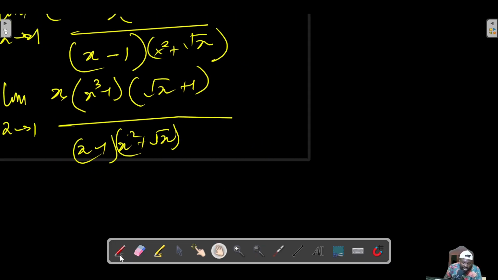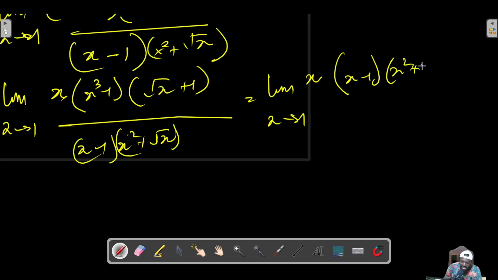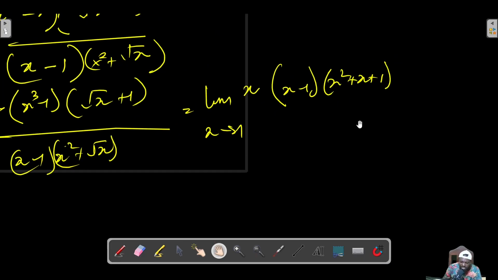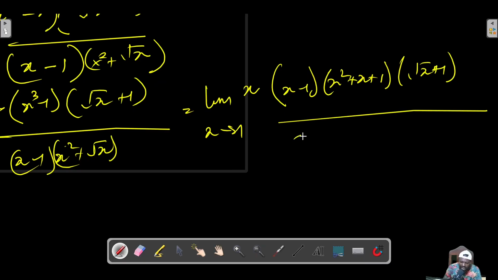Now from here, what do I do? I can factorize this as a difference of 2 cubes, and that will give me, I've already showed you, so I'm substituting in straight. So it will be x minus 1, x squared plus x plus 1, multiplying root of x plus 1, all over x minus 1, x squared plus root of x.